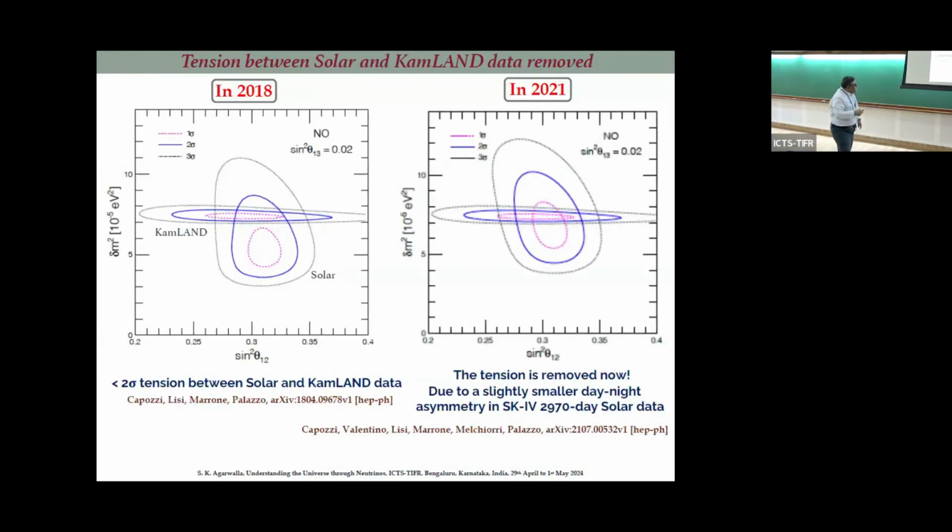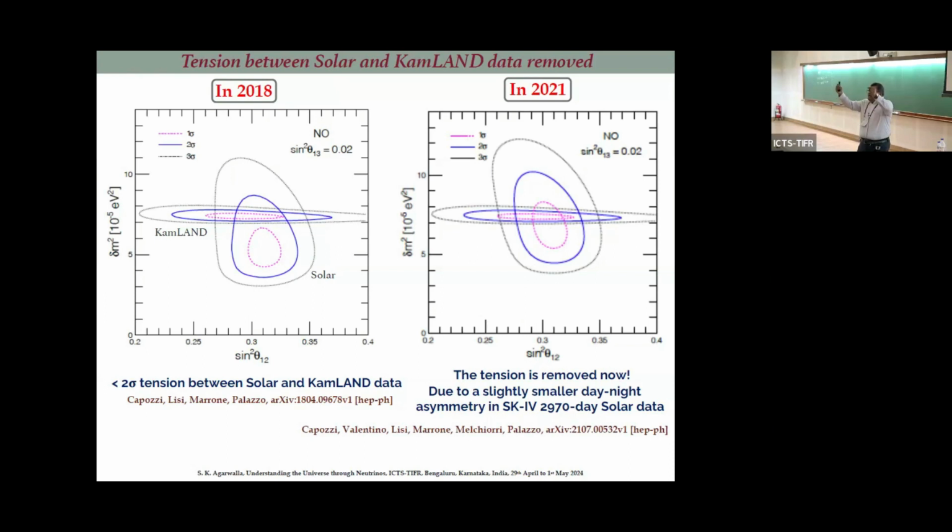This is the present status in the solar sector. In 2018, there was some tension between solar and KamLAND data. They were proposing different values of the mass squared splitting delta m square 2, 1. But lately, Super-K came up with their refined data, including the phase 4 solar data, and this new data is telling us that the day-night asymmetry is less. I am assuming that you are familiar with the day-night asymmetry concept in solar neutrino experiments. You are familiar with that?